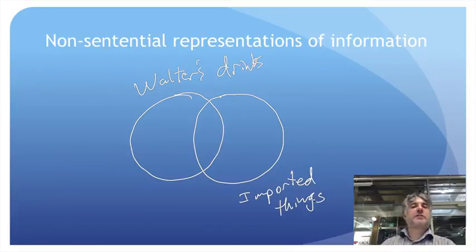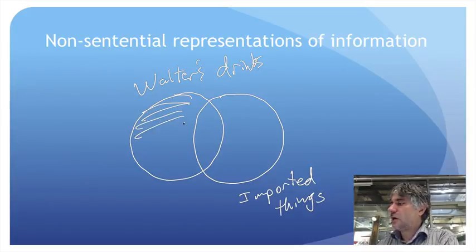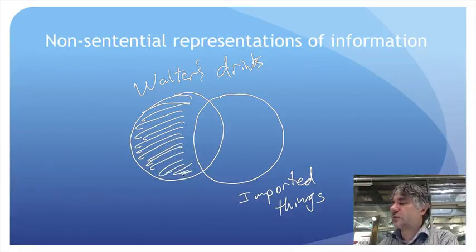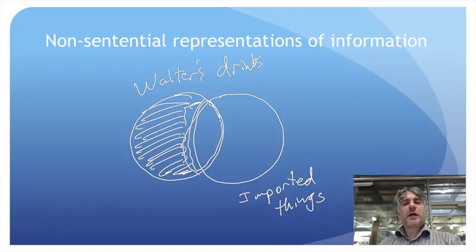And since these 7 sentences all say that all of Walter's drinks are imported, we can then shade out the part of the circle representing Walter's drinks that's outside the circle of imported things, to show us that if Walter drinks anything, then whatever it is that he drinks must be imported. It must be inside this region here.